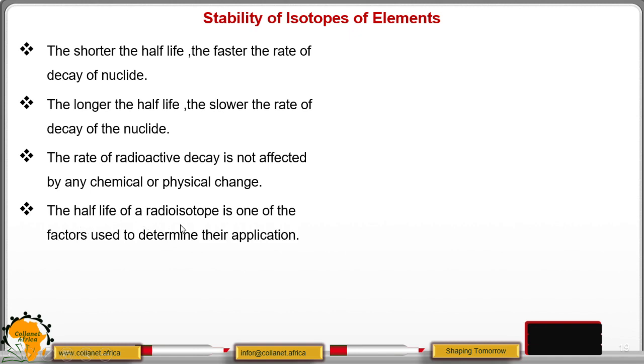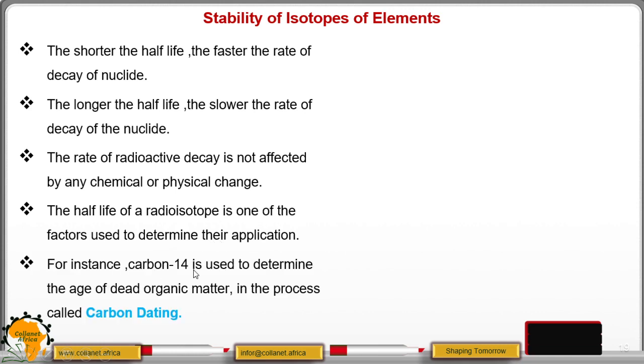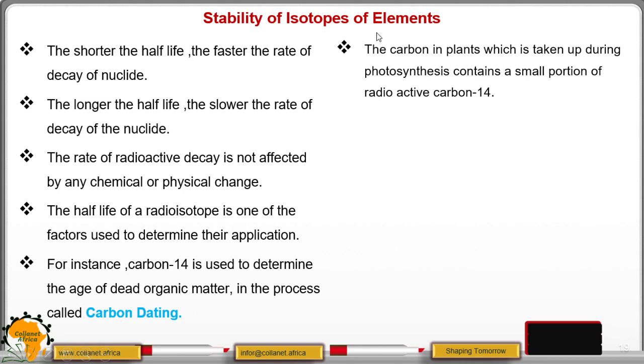Now, the half-life of a radioisotope is one of the factors that determine its application. For instance, we have carbon-14. We have seen that carbon-14 has a half-life of over 5,000 years. And this carbon-14 is used to determine the age of dead organic matter. That process we call carbon dating. Now, what happens is that during the process of photosynthesis, plants take in carbon, and as they take carbon, they take in a portion of radioactive carbon-14.